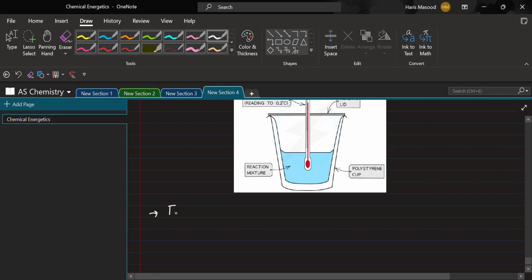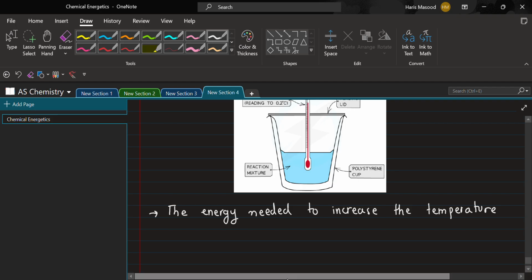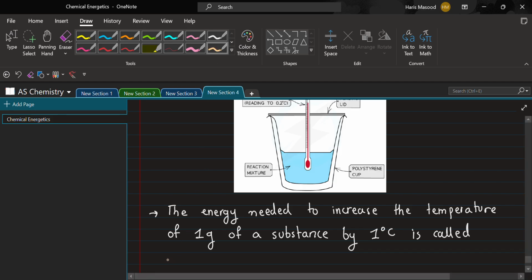So the energy needed to increase the temperature of 1 gram of substance by 1 degree Celsius is called specific heat capacity.